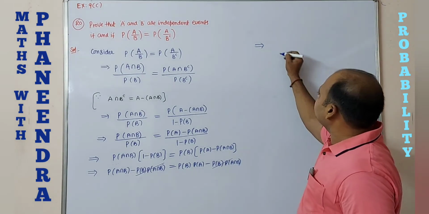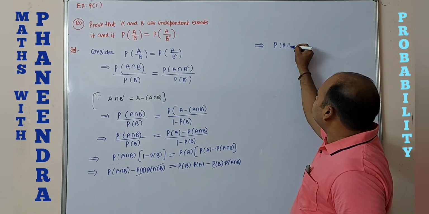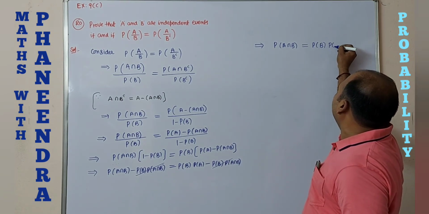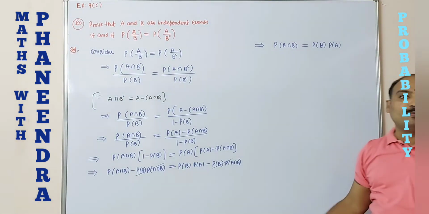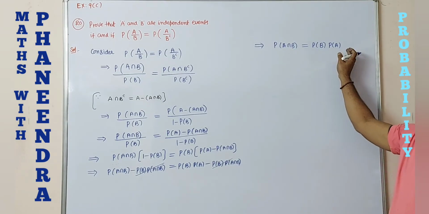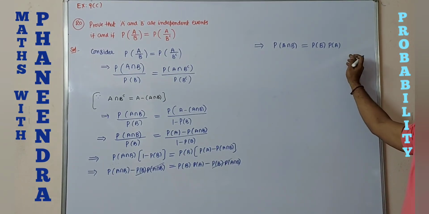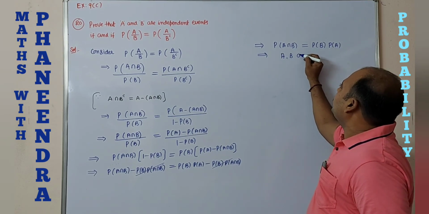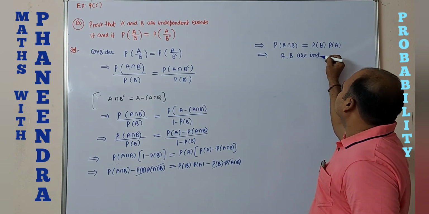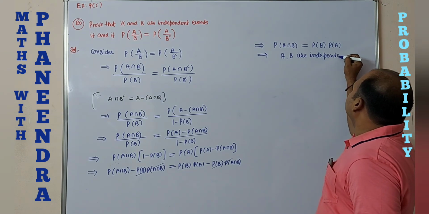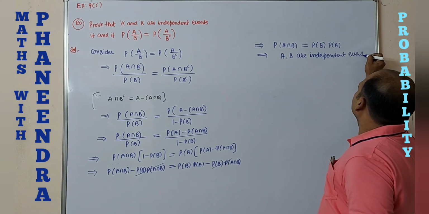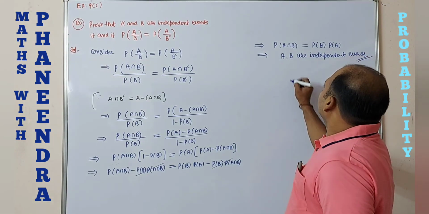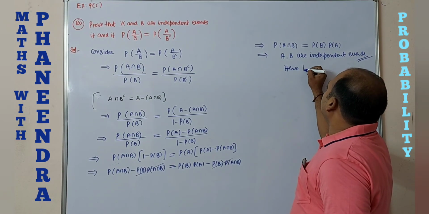That implies P of A intersection B is equal to P of B into P of A. So whenever we write P of A intersection B as the product of P of A and P of B, that implies A comma B are independent events. Hence proved. Hence the result.